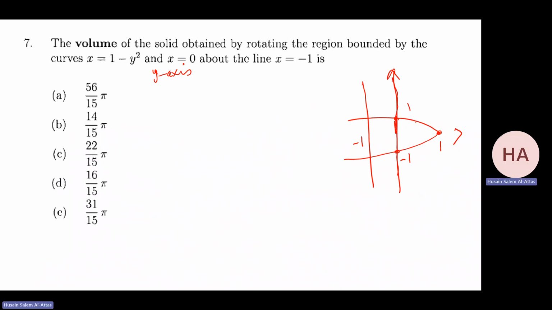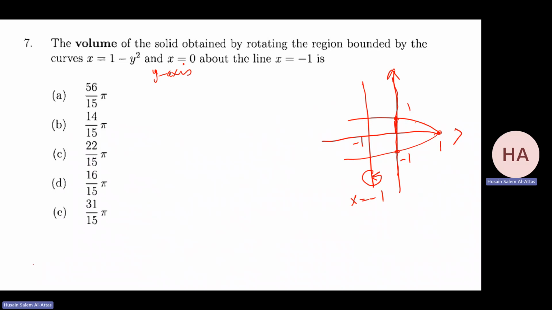It is bounded between the y-axis and this curve. Now I take the strip this way, perpendicular to the line of rotation, which is x equals minus 1.